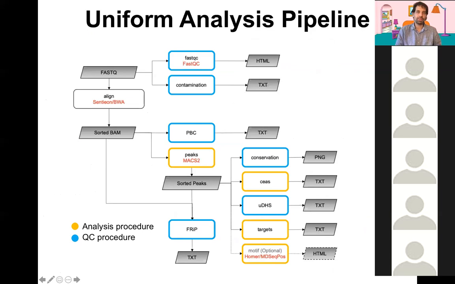The uniform analysis pipeline was a pipeline we initially called Qilin, and now it's called ChiLin, which is the same as what the CFC is using to analyze their data.